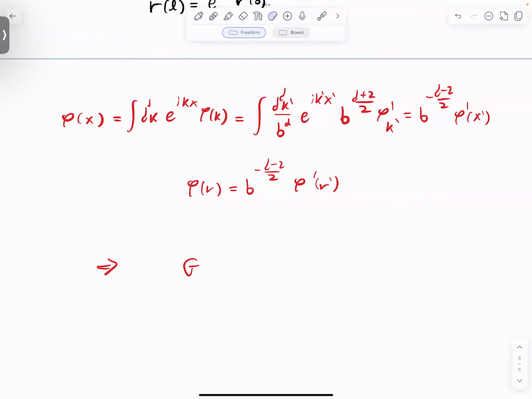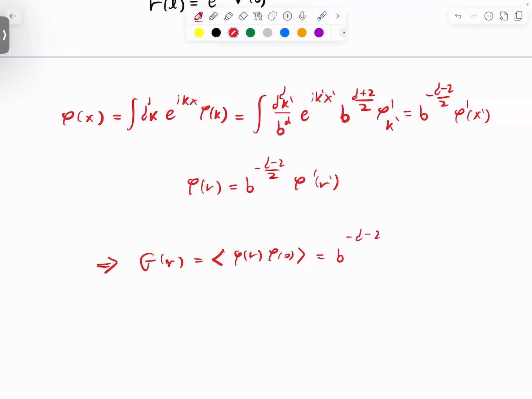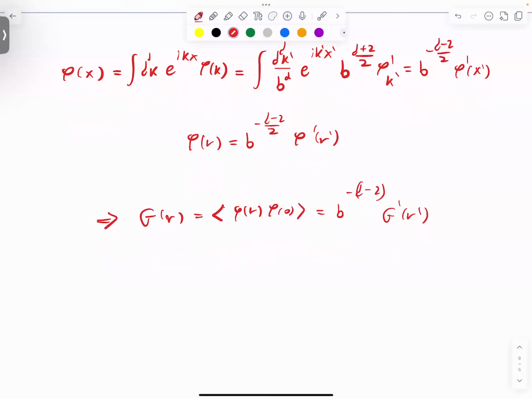But what I wanted to say is that g of x, which is something like phi of x phi of 0, will now be equal to b to the minus (d minus 2) g prime of x prime.